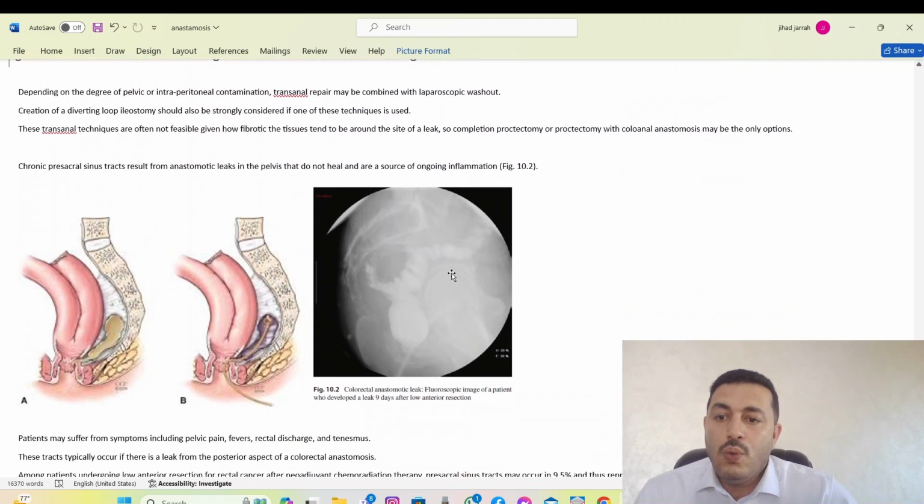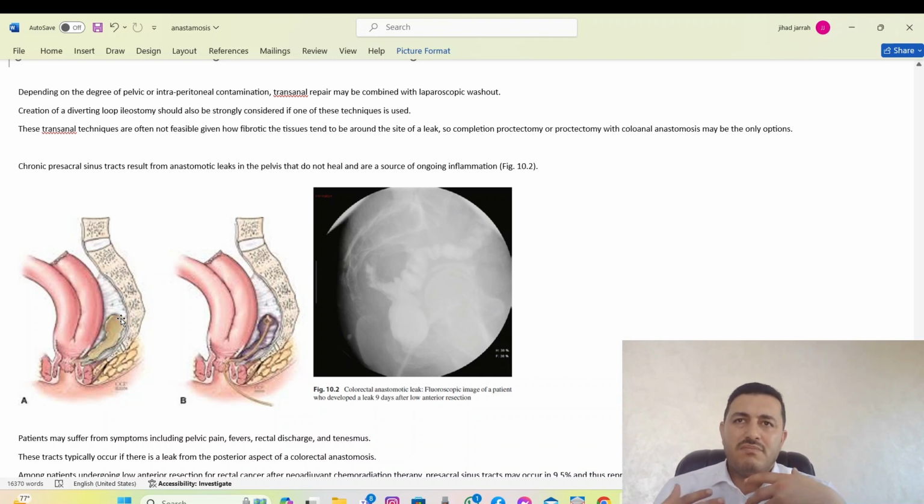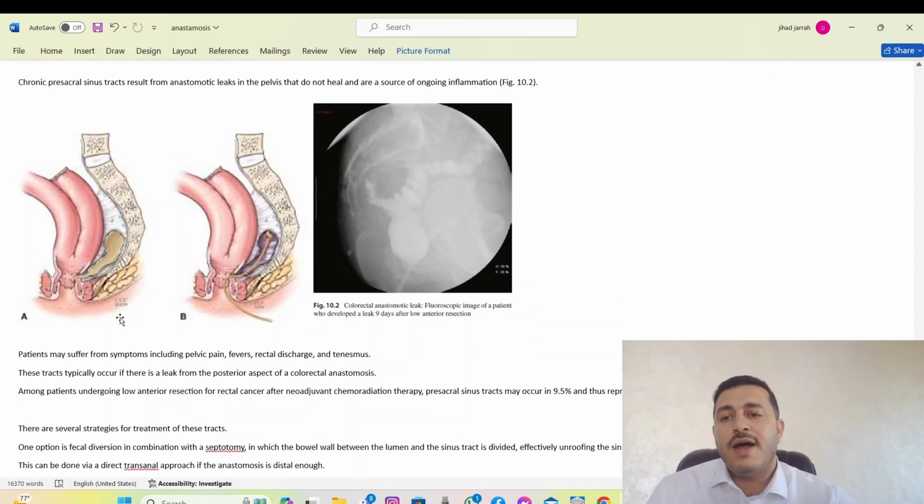Again, one of the complications of the leak is creating what we call a presacral sinus. This is a presacral sinus. Actually, it presents as late pelvic pain with sexual and fecal dysfunction, and for the treatment, we can put a drain inside, or we can do septotomy.